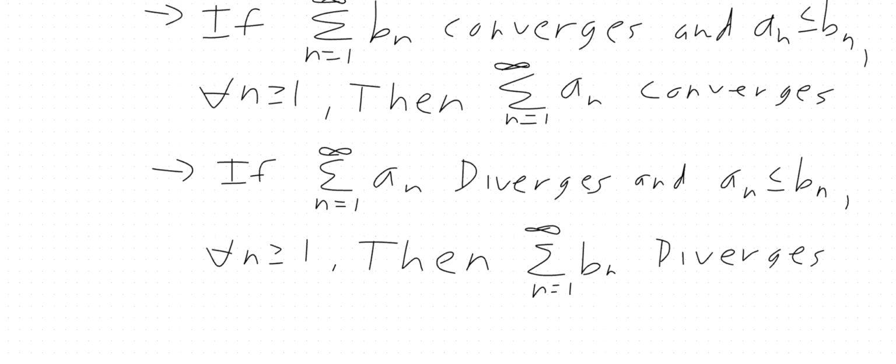So again, if the big one converges, the small one also converges. If the small one diverges, the big one also diverges.